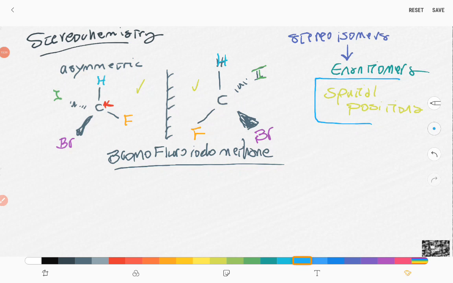I'm sorry, I said before that they are similar in the chemical properties. That is not right. They are the same in the physical properties like boiling point and other things.